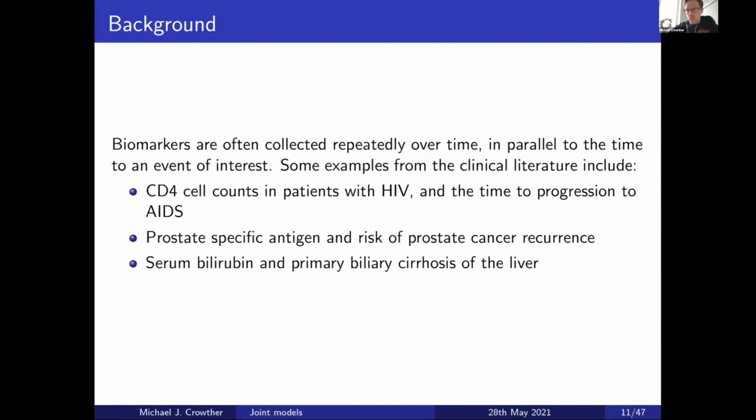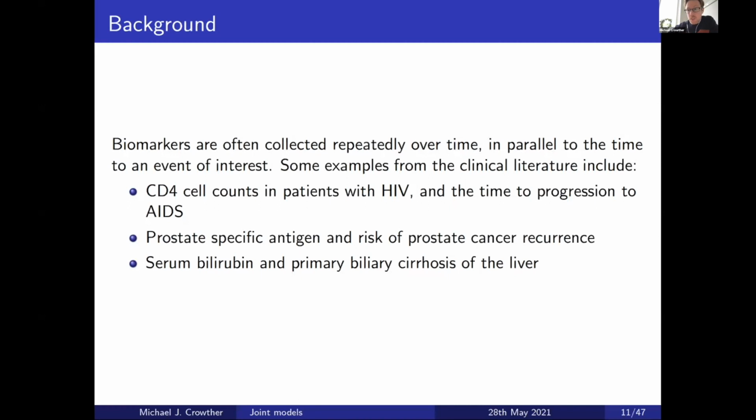Biomarkers are often collected repeatedly over time in parallel to the time to event of interest. So there's been a huge growth in joint modeling over the past 20, 25 years. Lots of different examples. They're growing every year as the benefits of this modeling framework and the availability of usable software just increase. So the classic well-known examples include modeling CD4 cell counts in patients with HIV and the time to progression to AIDS.